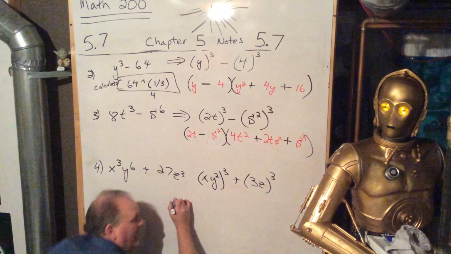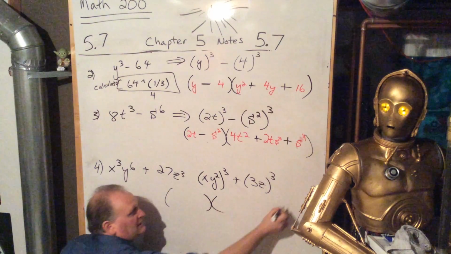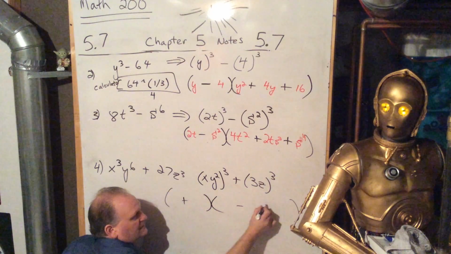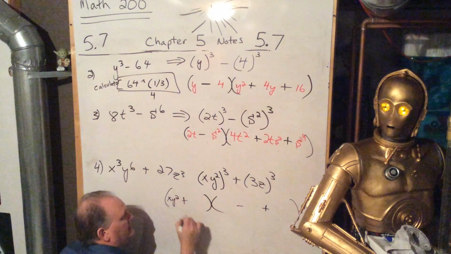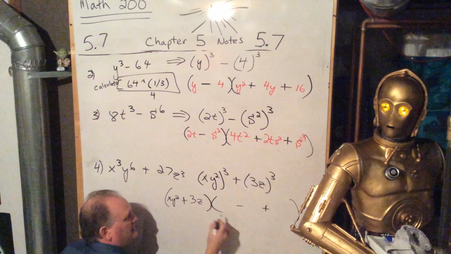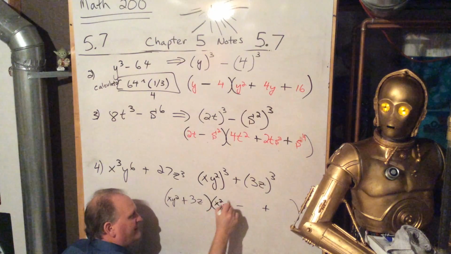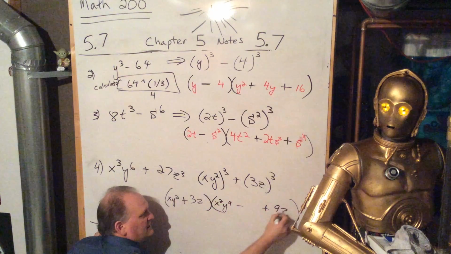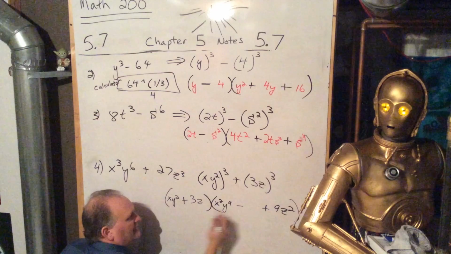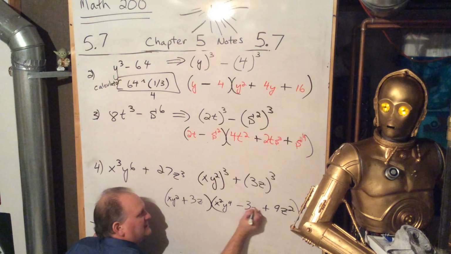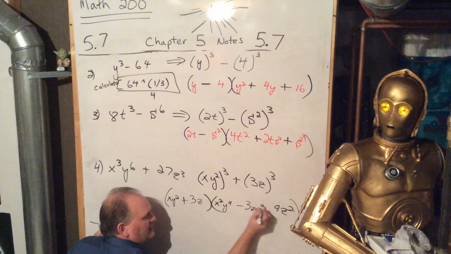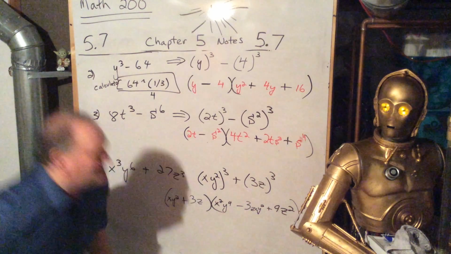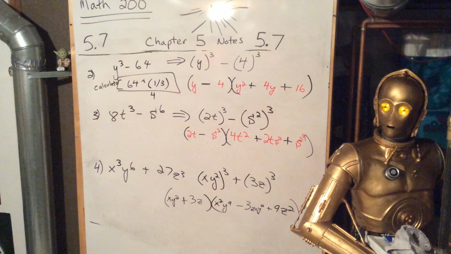And then when we look at that, it's a plus, so plus minus plus, and xy squared, 3z, x squared y to the fourth, 9z squared, and those times each other, 3z xy squared. Okay, let me see it, make sure you can see that. On the other side, yep, we just made it. All right.